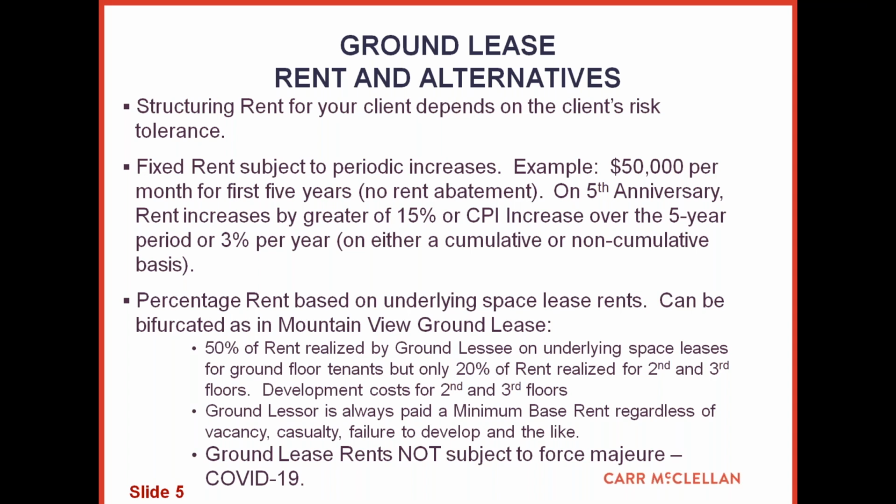But the corollary to that is that the ground lessee, at its sole cost and expense, will add the second and/or third floors to the building, which at the end of 34 years, when the fee returns to our client, has added a great deal of value to the piece of property. So that's how we structured the rent in this transaction.